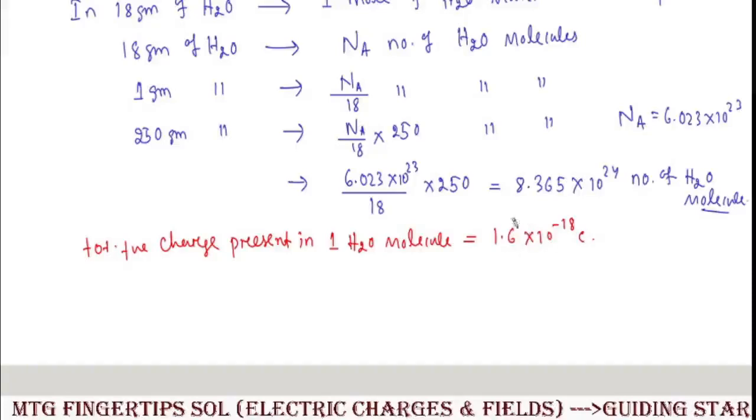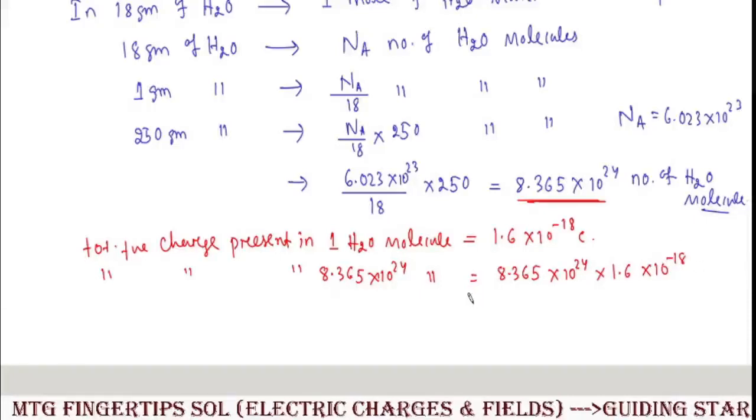Clear? Then how much positive charge will be present in this many water molecules? The total positive charge present in 8.365 into 10 to the power 24 H2O molecules will be 8.365 into 10 to the power 24 into 1.6 into 10 to the power minus 18.